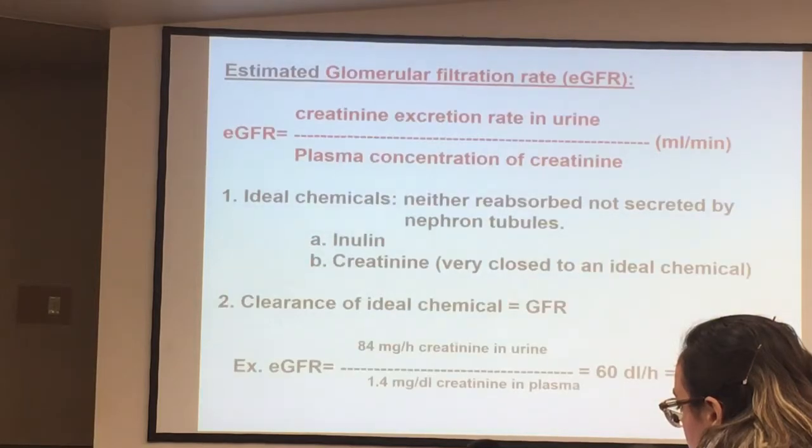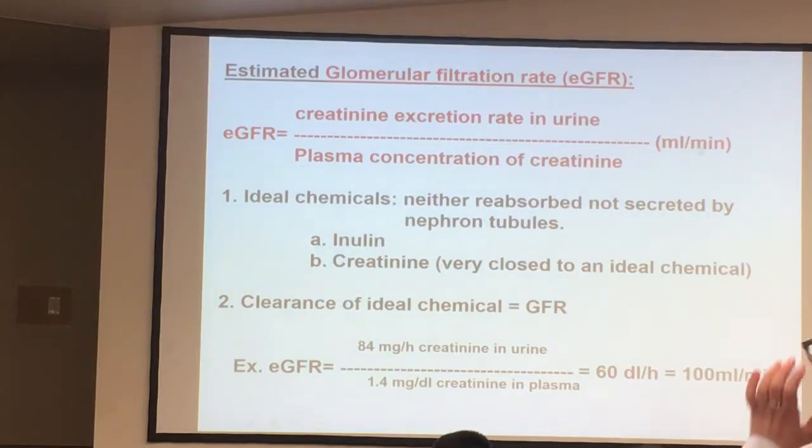Okay? And something important for you is you have to know the equation for this one. GFR is the creatinine excretion rate in the urine divided by plasma concentration. And finally, we get how many ml are coming out from the glomerulus every minute.